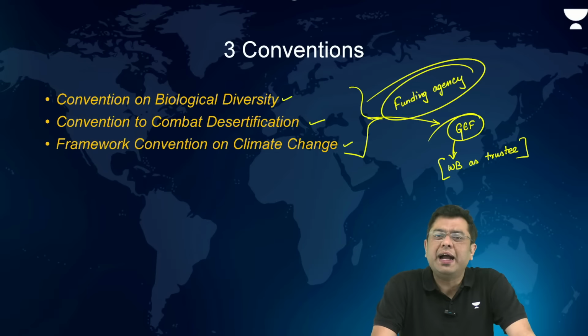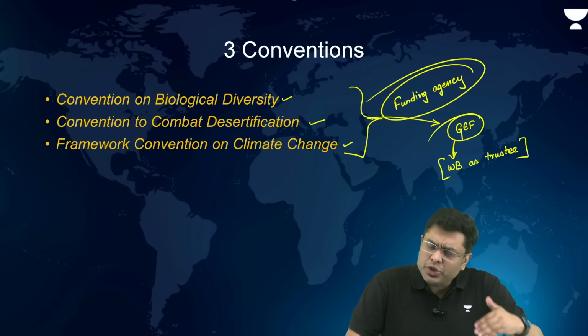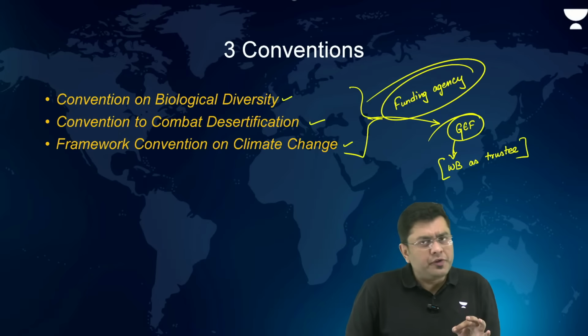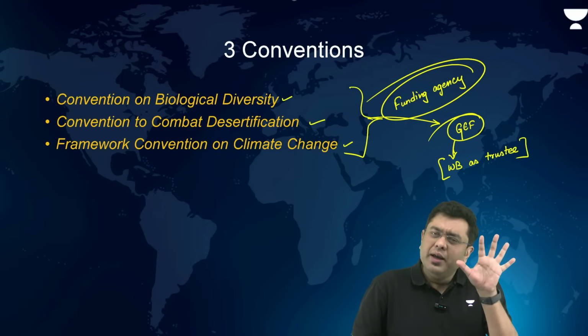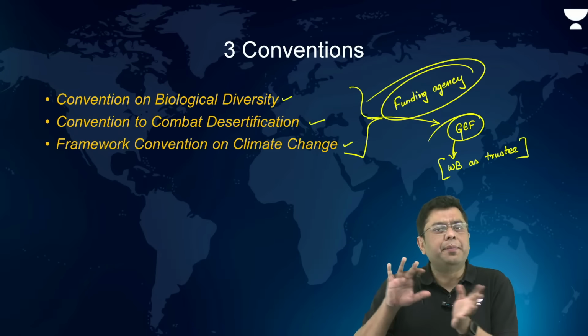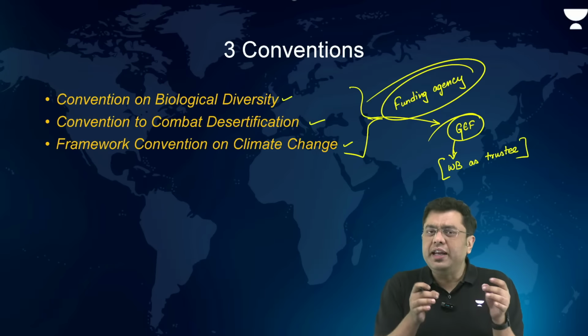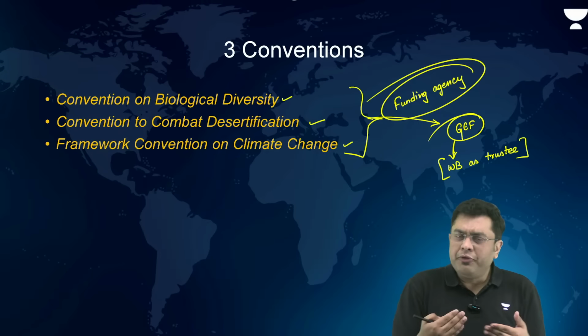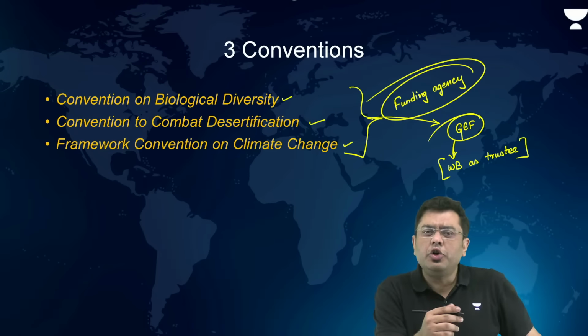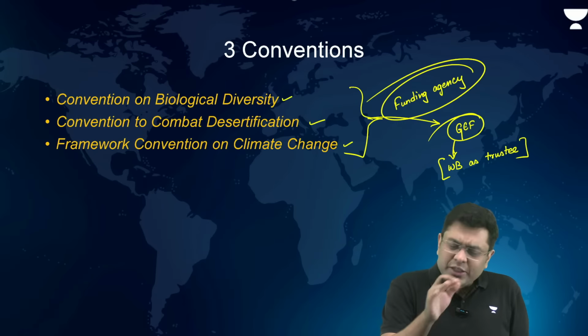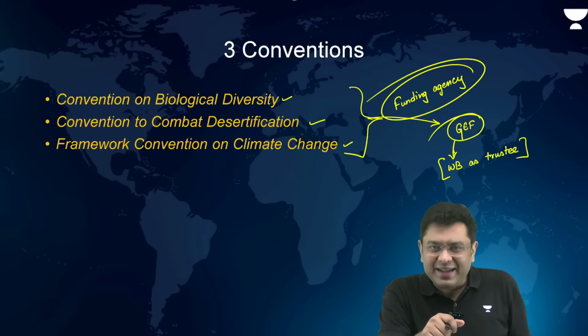Let us take a look at each one of them. Now, each of these climate convention is first we will take a look into it along with the protocol. Then we will deal with CBD separately with the other conventions dealing with biodiversity. But before that, what is this Convention to Combat Desertification? This talks about reducing the amount of land degradation.